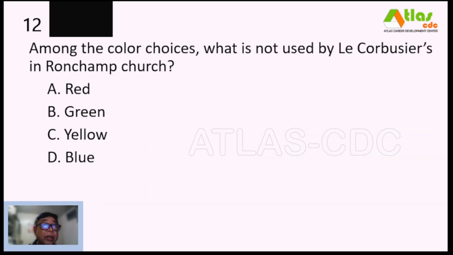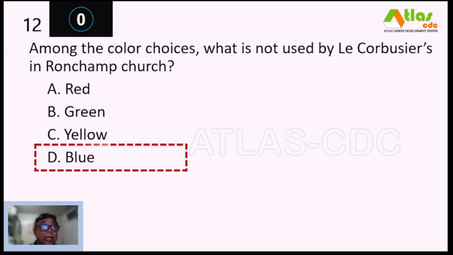So number 12, among the color choices, what is not used by Le Corbusier in Ronchamp chairs? A. Red, B. Green, C. Yellow, and D. Blue. And our correct answer is letter D, blue.